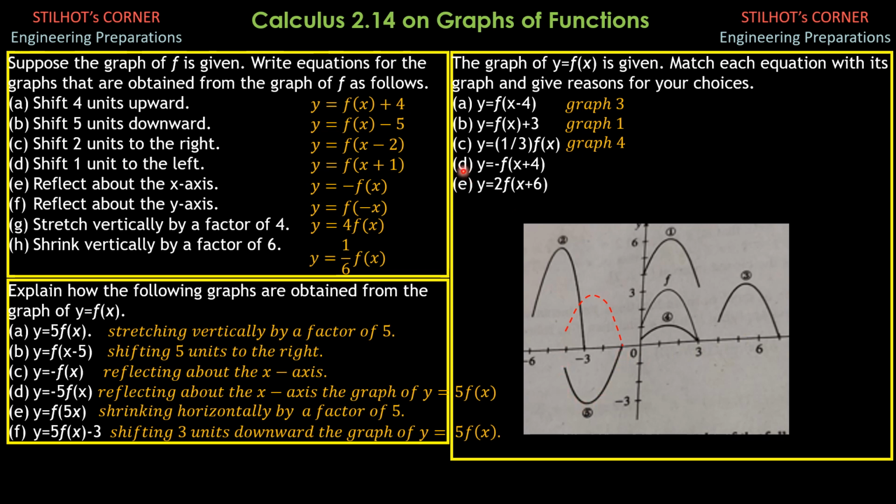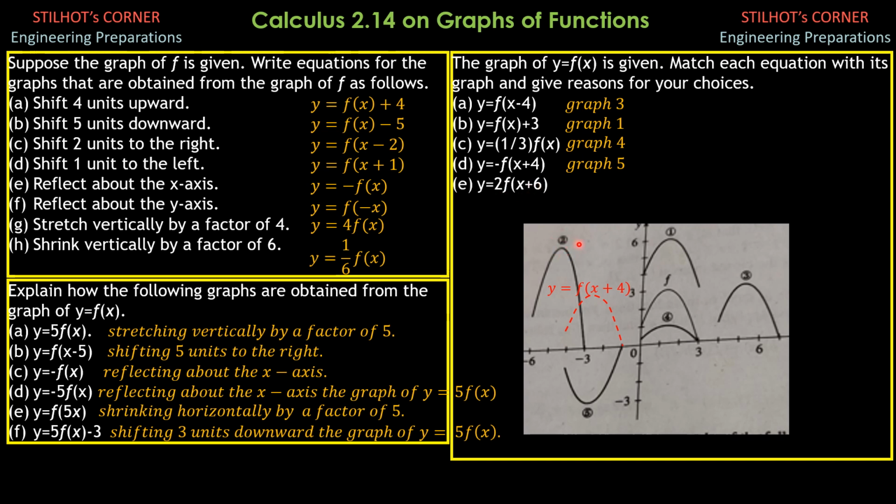So therefore, letter D matches with graph number 5. So graph 5 is the answer. Then, of course, this is the remaining graph. So no doubt, it is this graph here, graph 2.